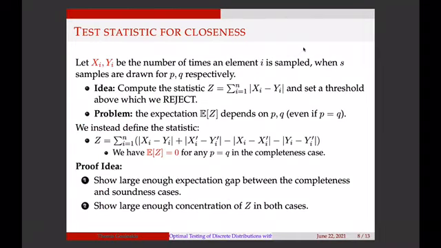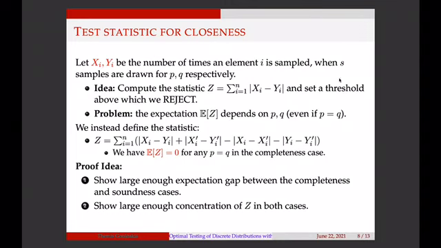Let's move on to see some details of our approach for closeness testing. Suppose that X_i and Y_i are the histograms, as we call them, of a sample set taken from distributions P and Q respectively. So X_i and Y_i are random variables that denote the number of times each element i is sampled when S samples are drawn.